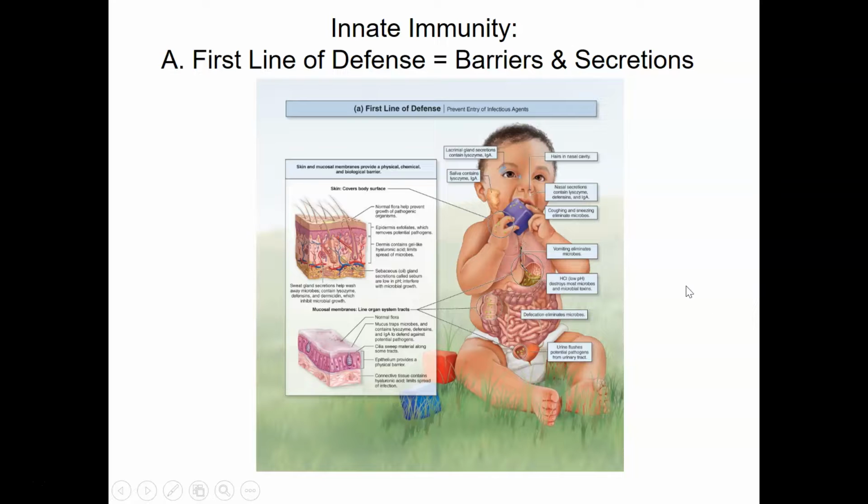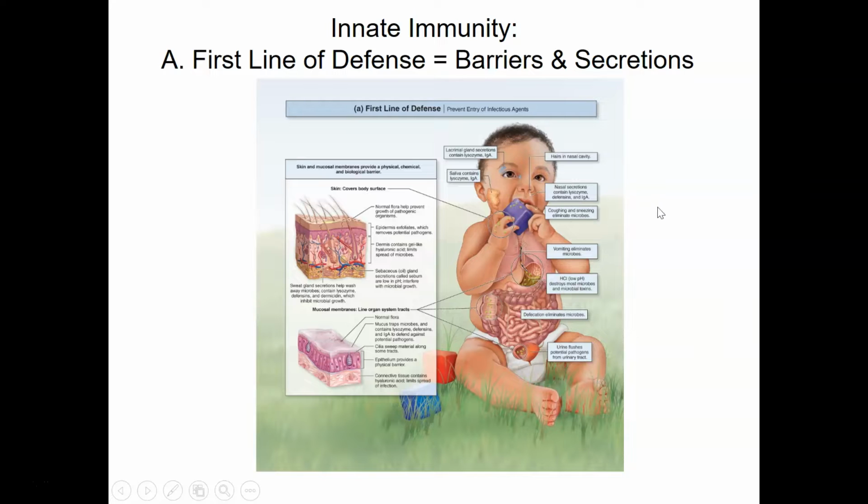Structures in the nasal cavity, hairs for example, and the mucosal membrane, which secretes mucus. Mucus can trap potentially infectious agents. Another secretion is stomach acid, which is very harsh and hostile to any kind of pathogen.